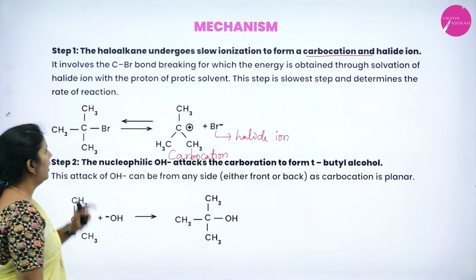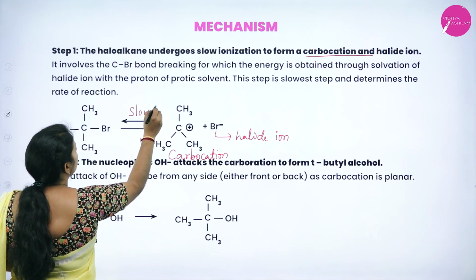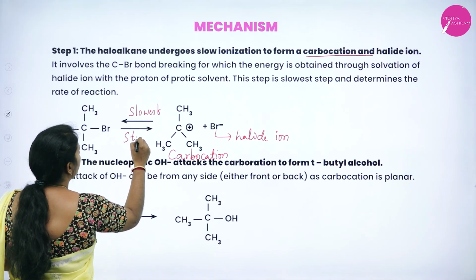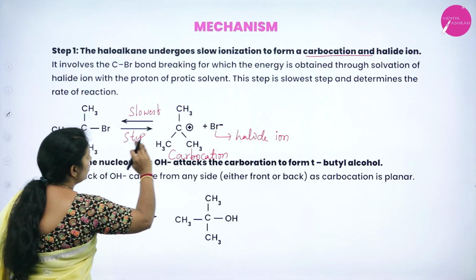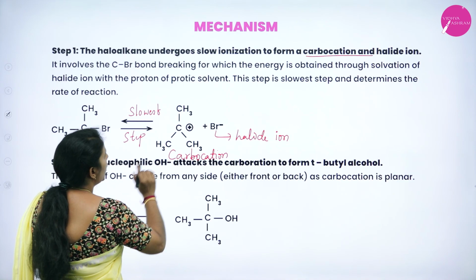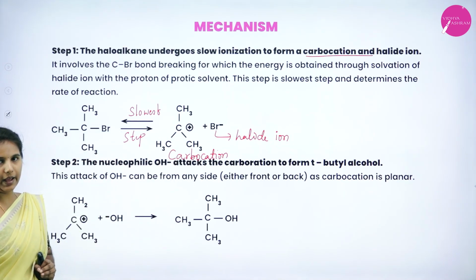You can see that this is the slowest step, where tertiary butyl bromide undergoes slowest ionization to form a carbocation and a halide ion.